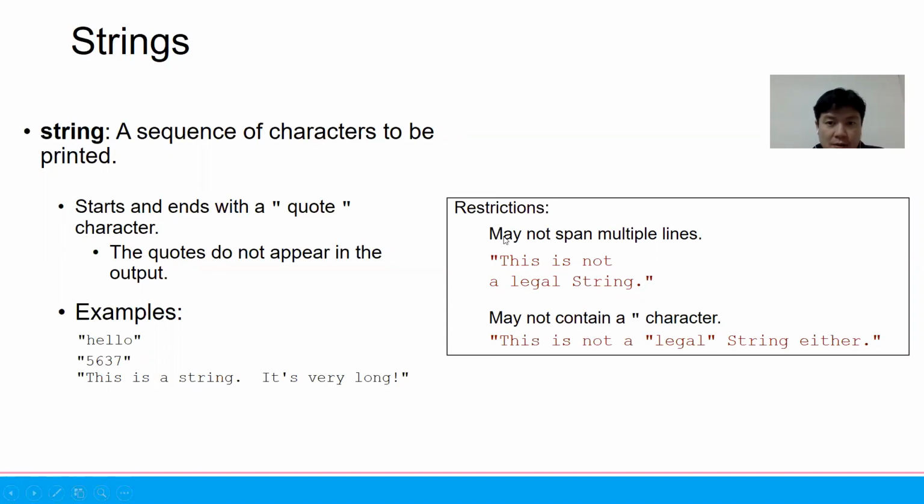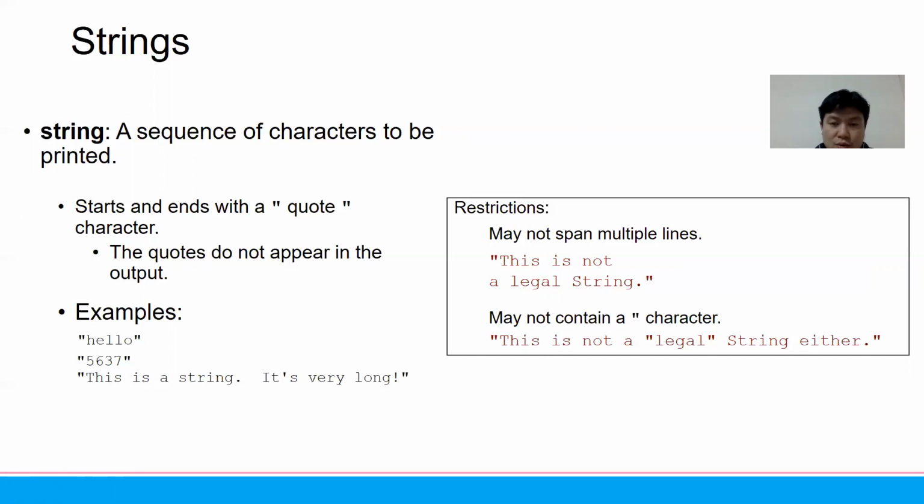But you need to remember that a string may not span multiple lines. For example, if you have a double quote and you put the closing double quote on the next line, this is not a legal string.